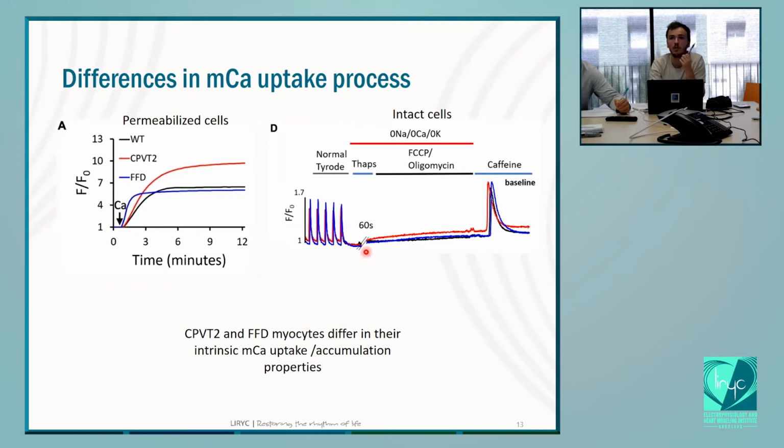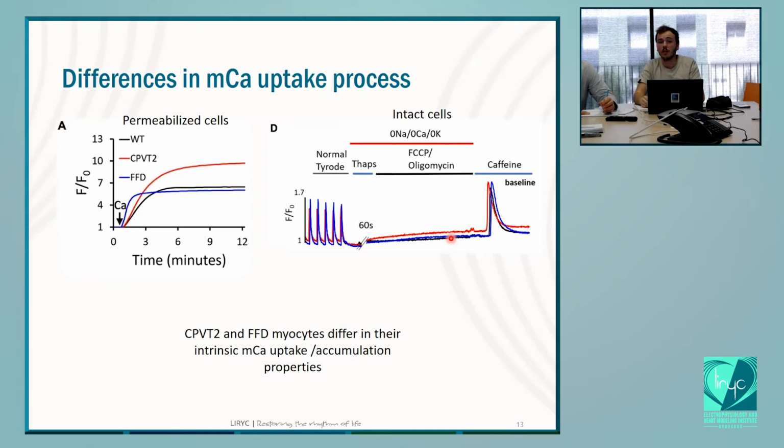And thanks to that, all the calcium of the mitochondria is released. And so as you can see here, the red one is CPVT2. And you can see that there is a bigger calcium concentration in the mitochondria of the CPVT2.